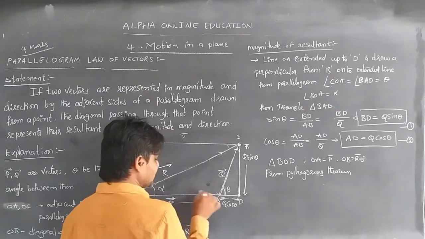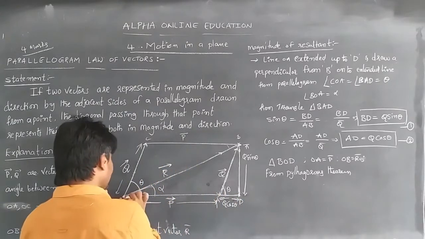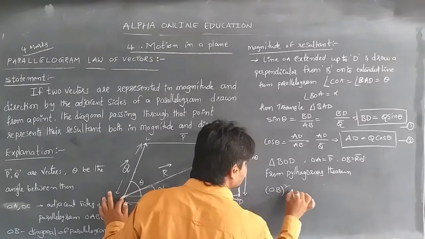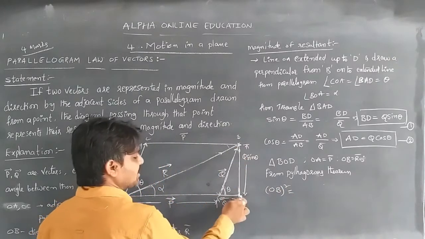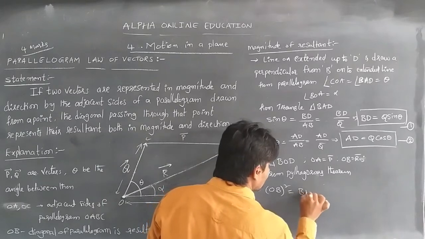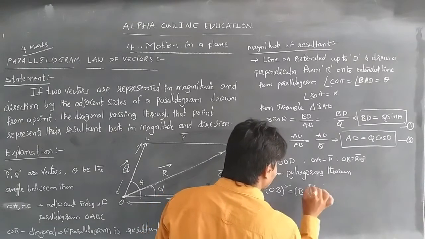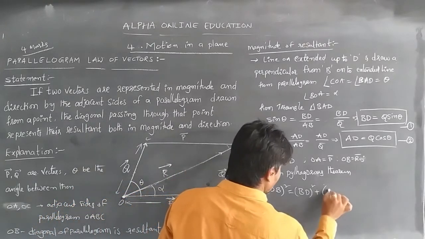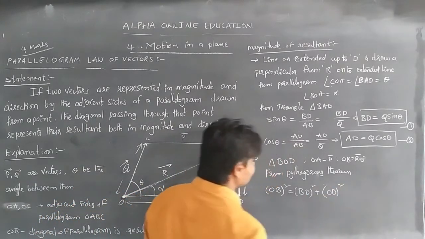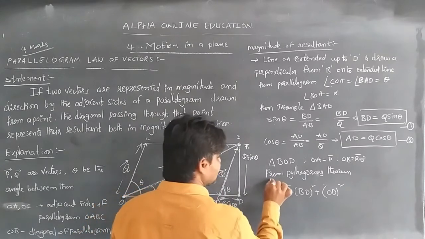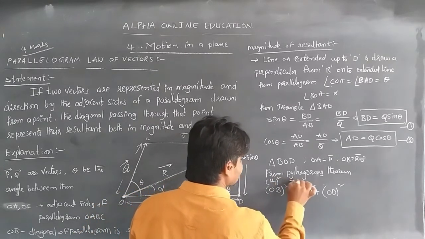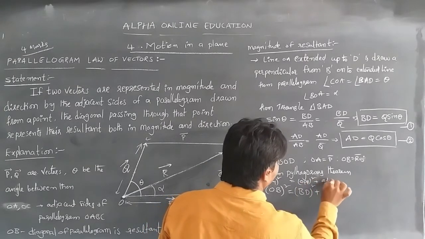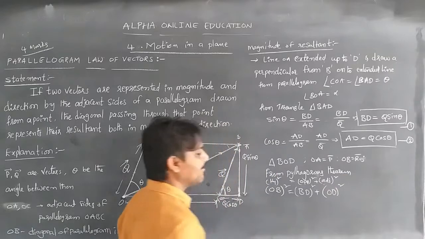So from the Pythagoras theorem, hypotenuse square means OB square is equal to opposite square, BD square, plus adjacent square, OD square. This is the Pythagoras theorem.